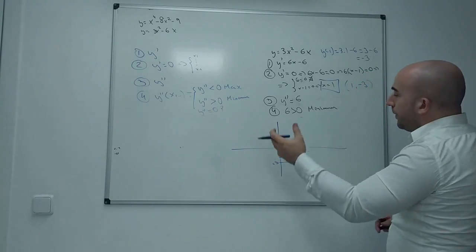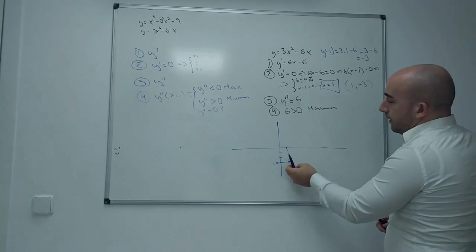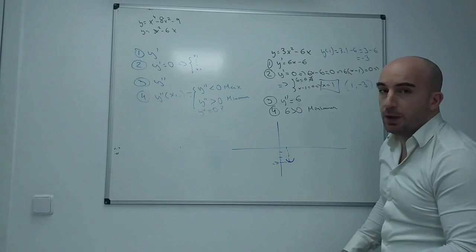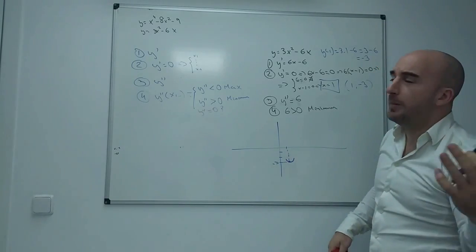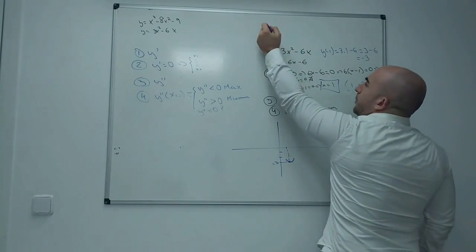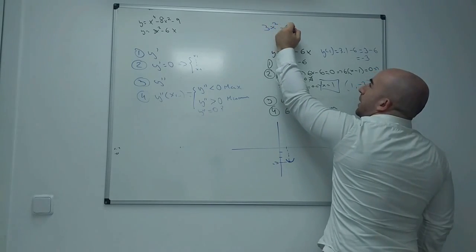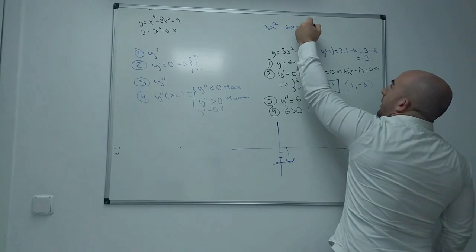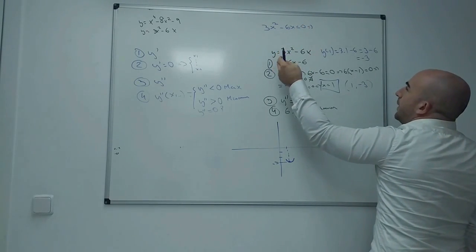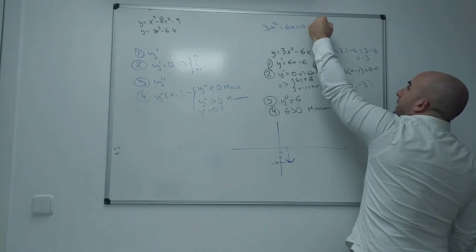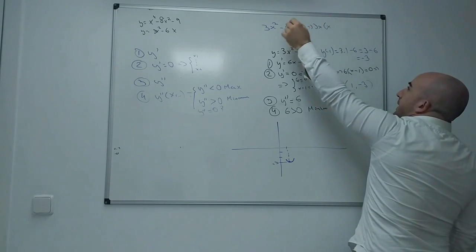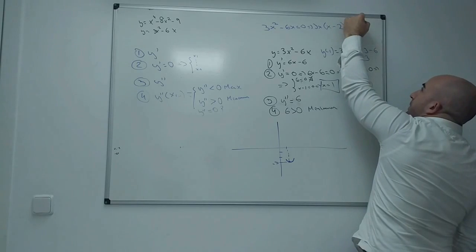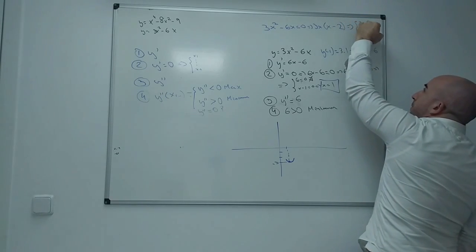So the function just goes that way because it's a minimum. We already know it does this because it's a minimum. Where does it cut? Well, we'll remember how to solve quadratic equations, so we equal that to 0 to find where it cuts the x-axis. Again, if we factorize that, we can get 3x times x minus 2, so that gives me 2 points, which is x equals 0, x equals 2.